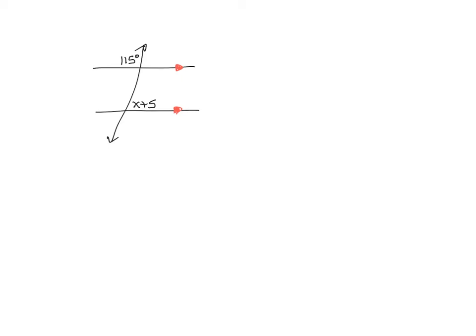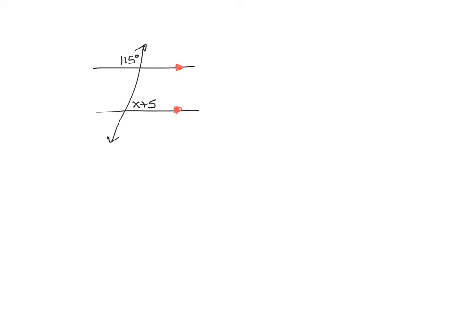Well, corresponding angles doesn't work because corresponding angles are actually on the same side of the transversal, or they're in the same location, is what I said to remember. So the 115 is on the top left-hand corner, and the x plus 5 is on the top right-hand corner. So it's not corresponding angles. It's not consecutive interior angles because x plus 5 is interior, but 115 is exterior. So it's not alternate interior for the same reason. It's not alternate exterior for the same reason. So right now, we don't have any of those angles that we just talked about.